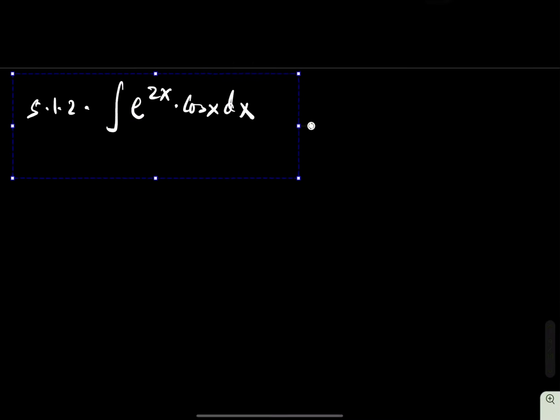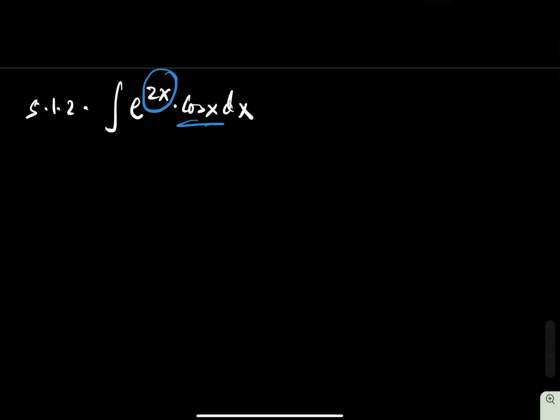I hope you guys understand the technique of by parts. That is the exponential function, and that is the trigonometric function, and that makes it a product. But the derivative of this can't give you that, and the derivative of this can't give you this one, and even this derivative can't give you any of those there.